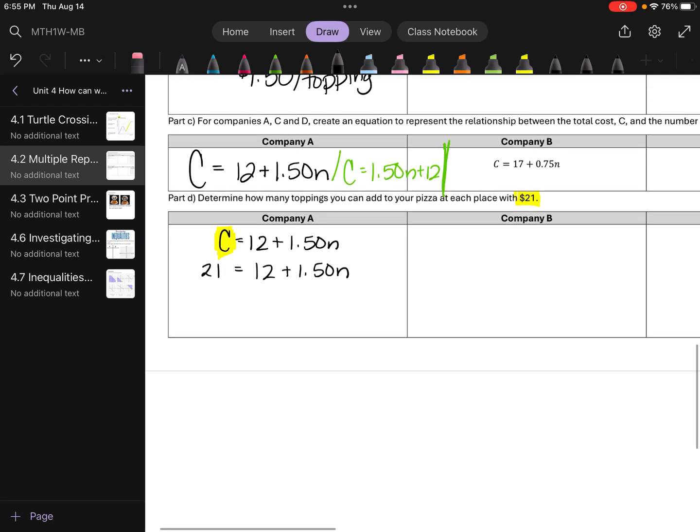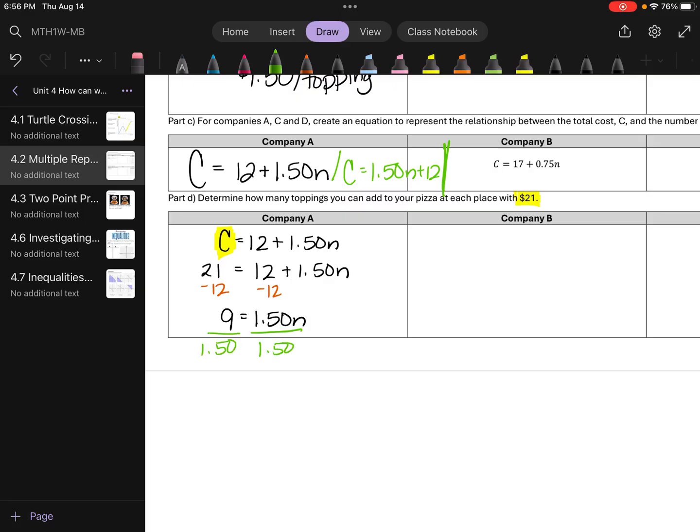Now I'm back to solving equations where I have to get the N by itself. So to do that, I'm going to subtract 12 from both sides. That gives me 9 is equal to 1.50 N. And because I've got 1.50 times N, I'm going to divide both sides by 1.5.